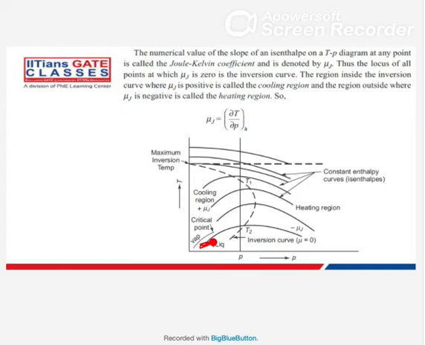So if you want to convert any air into liquid, then it should lie below your critical point. If it is lying below this critical point, then that air or vapor will convert into liquid. That also we can draw as one conclusion.